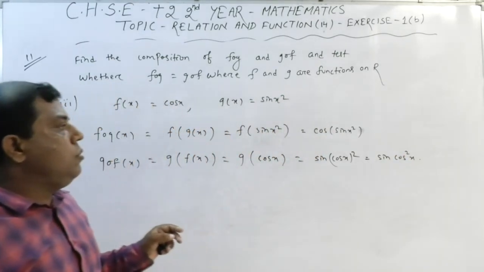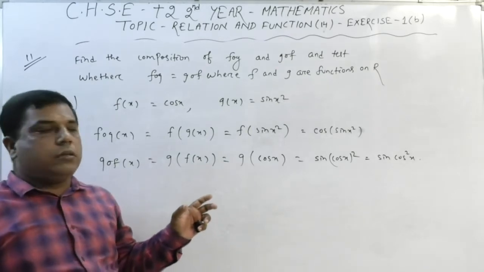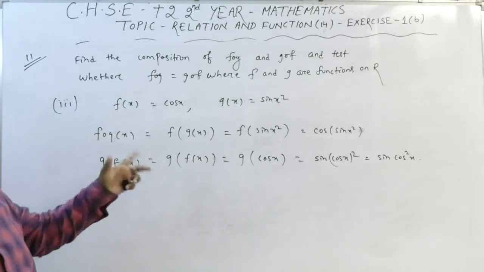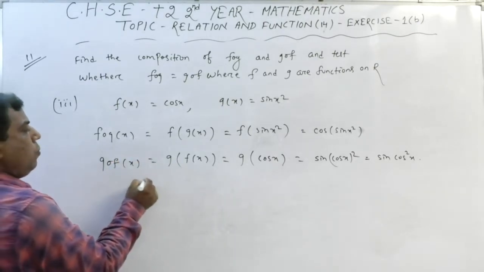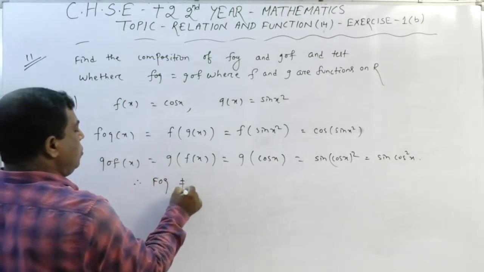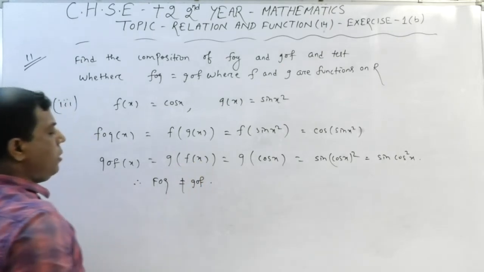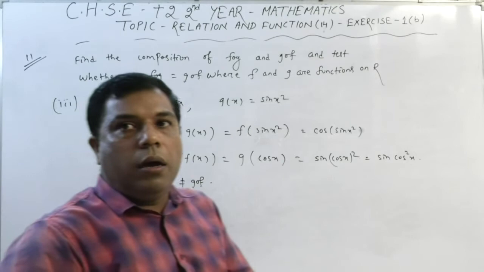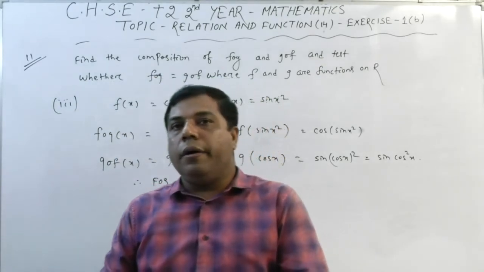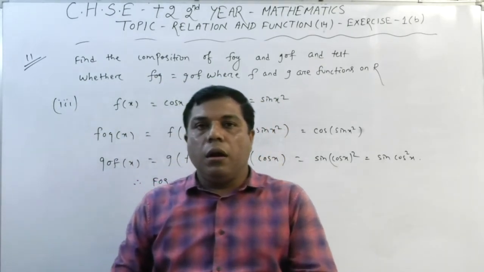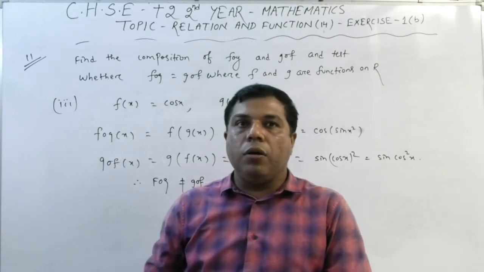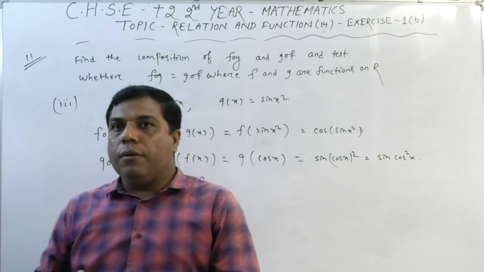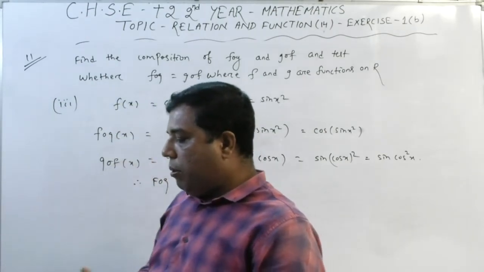Okay, so now we are able to find out fog and gof, and clearly fog is not equal to gof. In this way you can find the composition of fog, f operated on g, and gof, g operated on f. Okay, now look carefully and we will proceed to our next question.